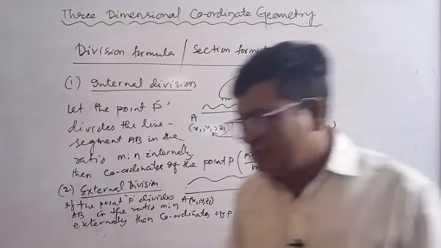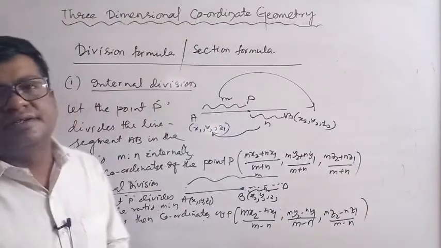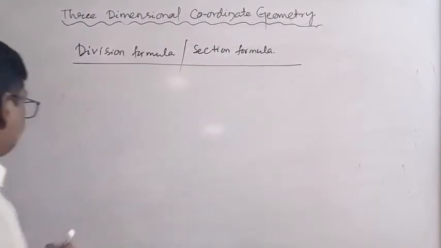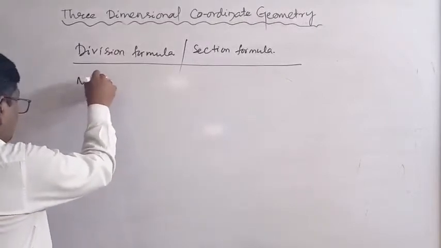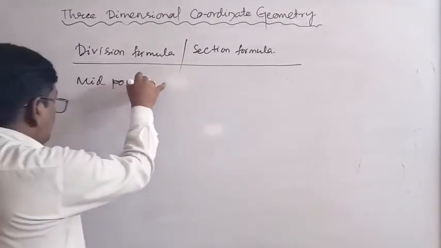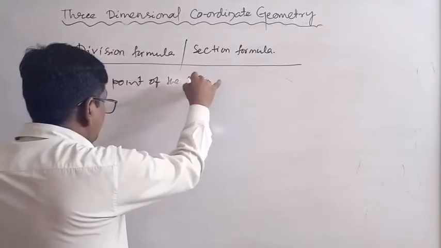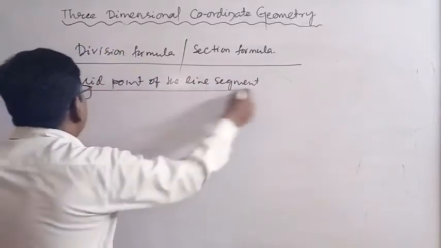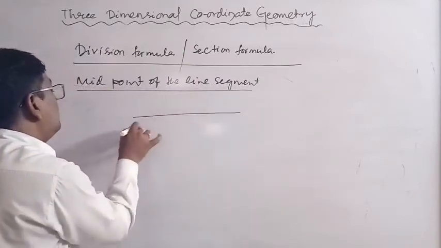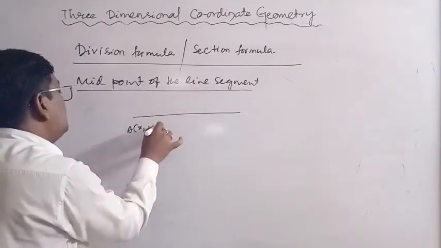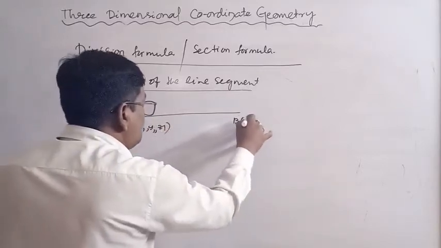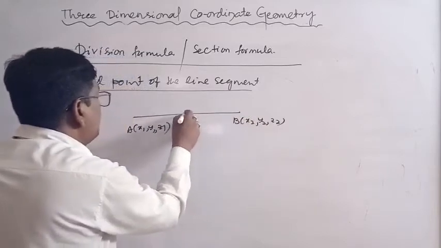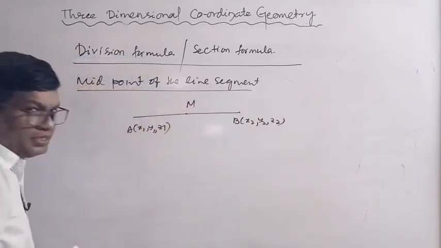Now midpoint of the line segments. Suppose this is A of x1, y1, z1 and this is B of x2, y2, z2, and M is the midpoint.